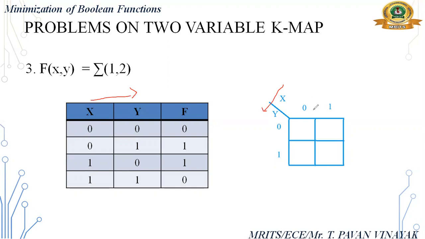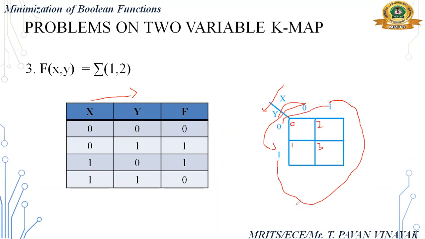Now see the indexes. 0 0 means 0 here. 0 1 means 1 here. Okay. Next, 1 1 means 3 here. 1 0 means 2 here.